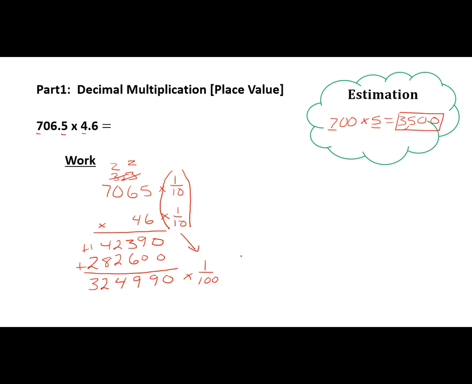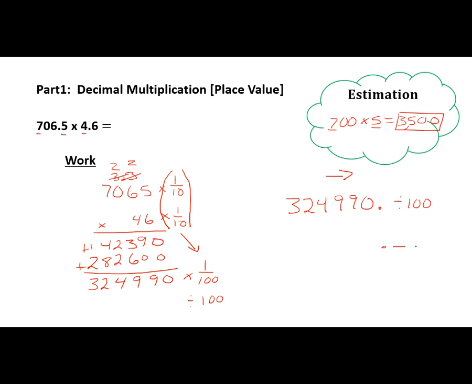We have been working throughout the year that 1/100th is the same as dividing by 100. If we go back all the way to the beginning of the school year, we know that if we have our decimal point and we are dividing by 100, all the digits are going to shift 2 place values to the right. So here's my decimal point.